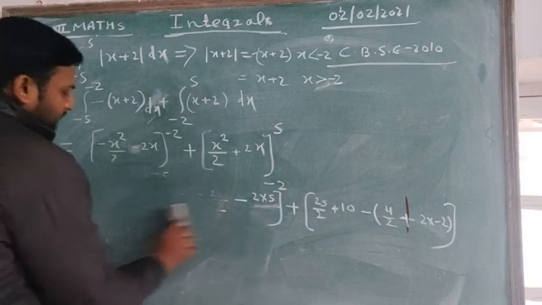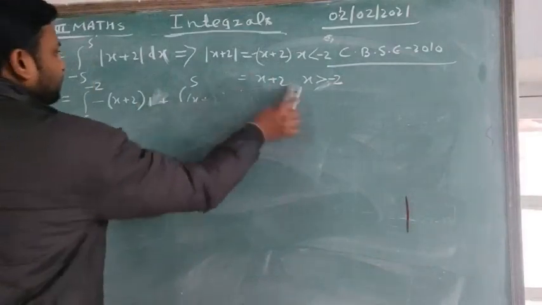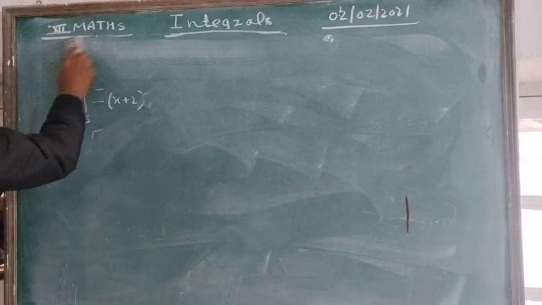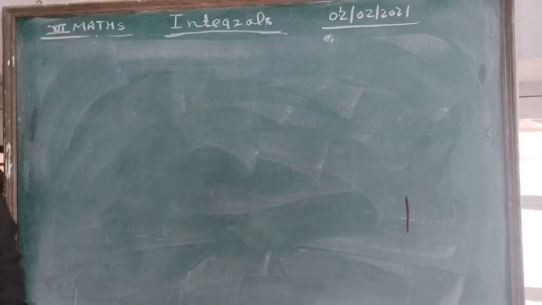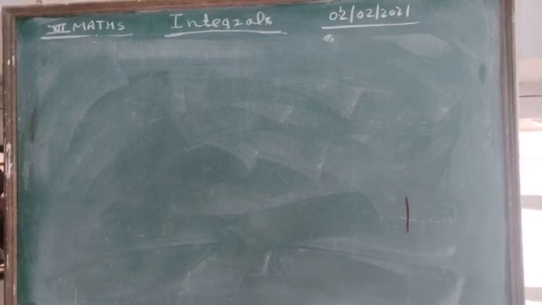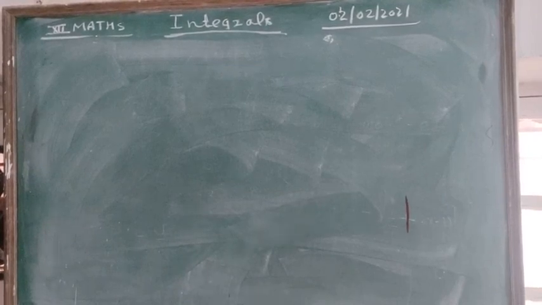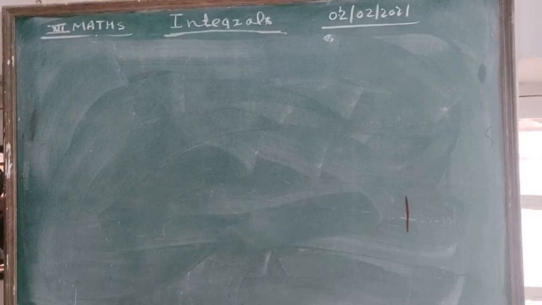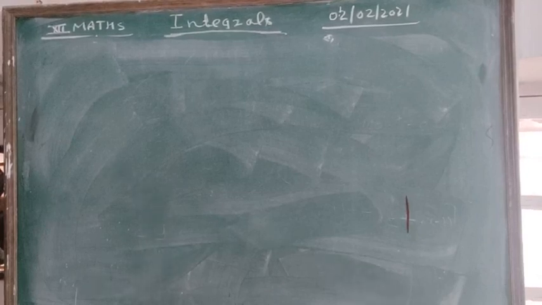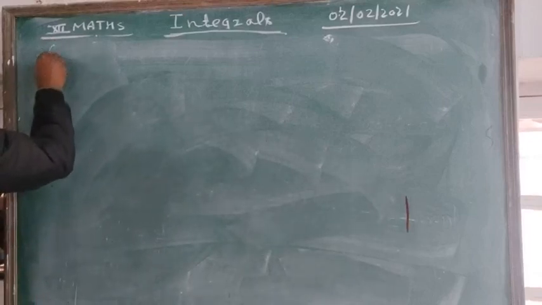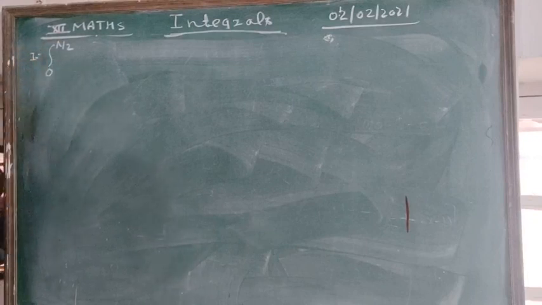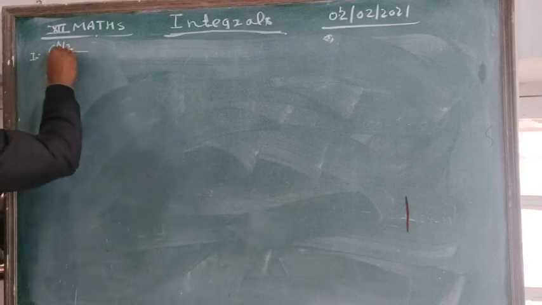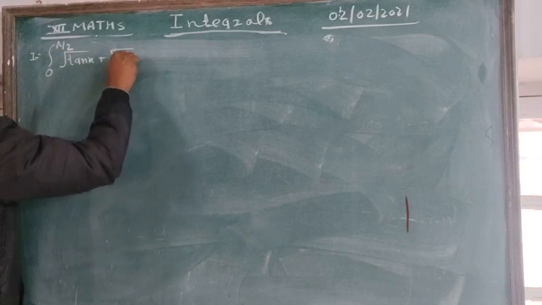Now our next question is, students, I is integral from 0 to pi by 2 of root tan x plus root cot x dx.